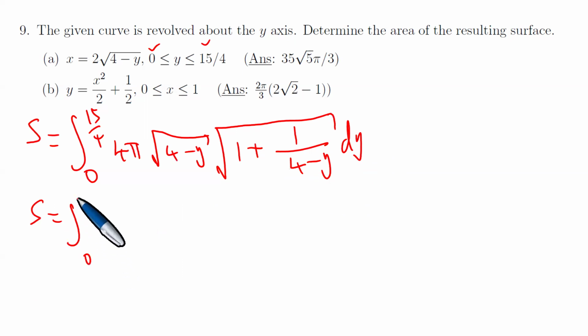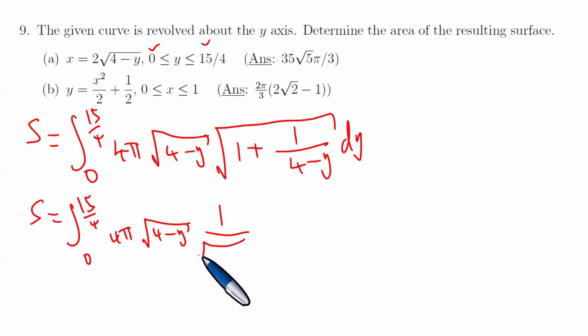The integral from 0 to 15 over 4 of 4 pi the square root of 4 minus y. You pull out 1 over this, so 1 over that will be 1 over the square root of 4 minus y.